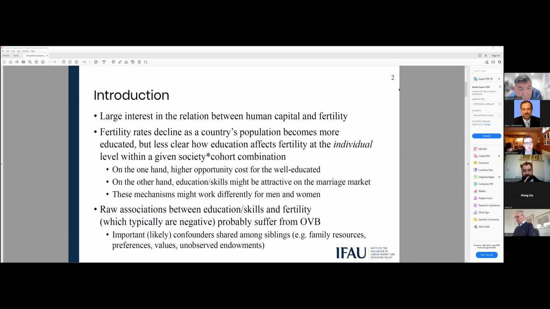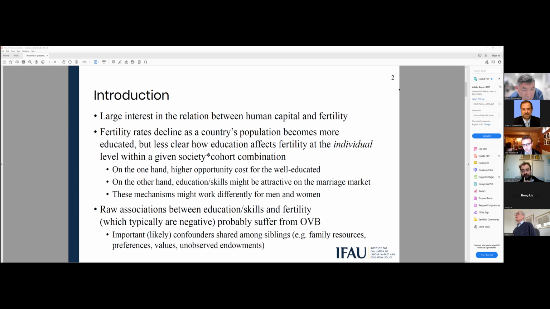For individuals that are born at the same time, that grew up in the same country, society. Here you can think about different mechanisms. On the one hand, those who have higher education will have higher opportunity cost in terms of having children. And it can also be the case that if you're more educated, you are more informed about contraceptive methods and so on.